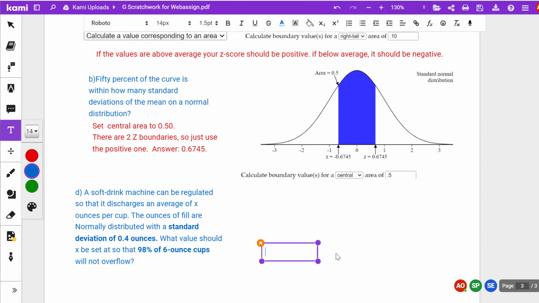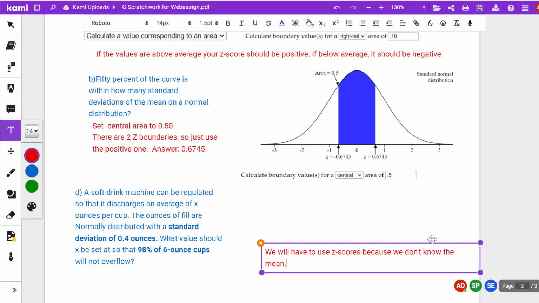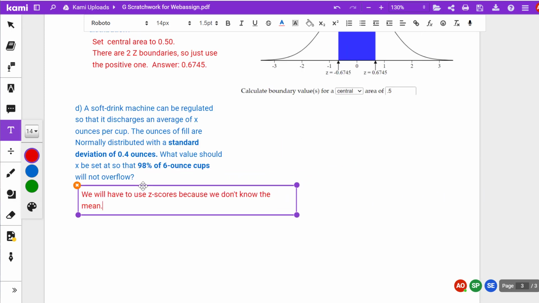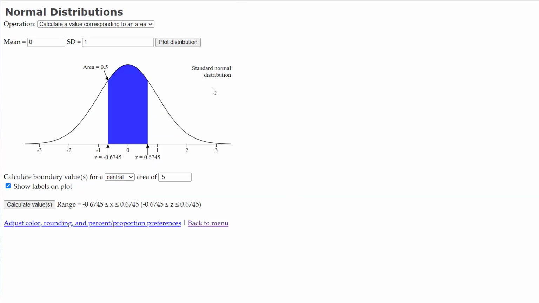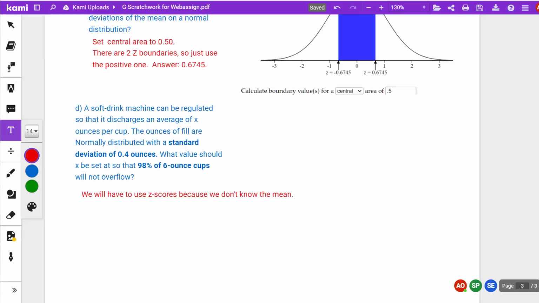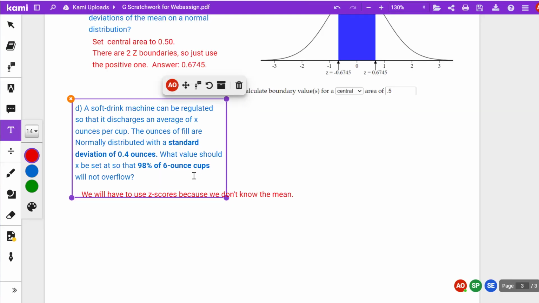All right, so what we're actually going to have to do is use a Z-score, because we don't know the mean. Let's go ahead and find out. Go back to the normal distribution. We're still on 0 and 1. And what do we want? We want 98% of 6 ounce cups to not overflow.